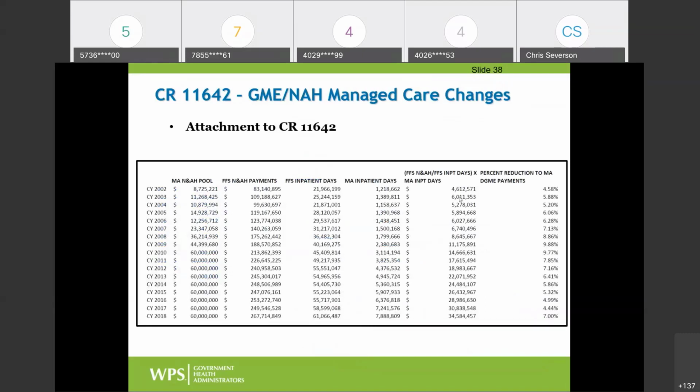This is the attachment from CR 11642 talking about, well, first of all, the far right column is the new percentage reduction. The pool number that these payments are made out of, these nursing and allied health add-on payments, this is the first number here.